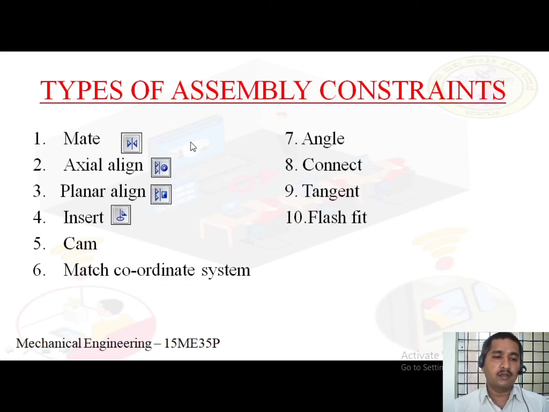The planar align relationship aligns the face or the reference plane of the placement part with the face or reference plane of the target part. Aligned faces become parallel to each other and face the same direction. The planar align relationship is available with fixed or floating options.